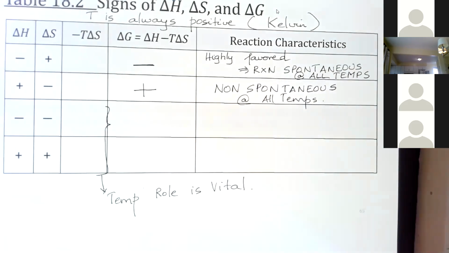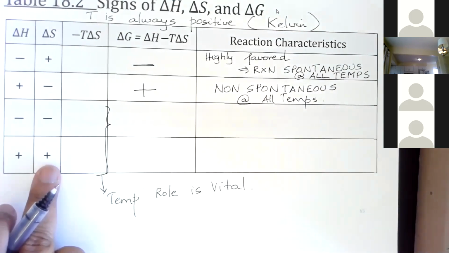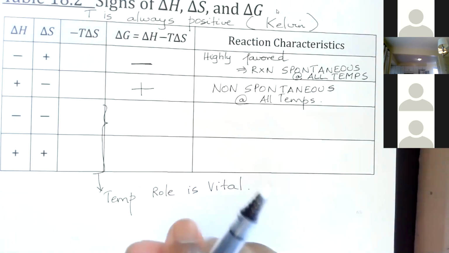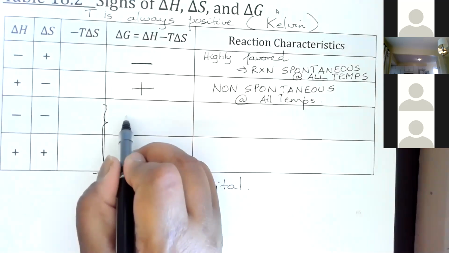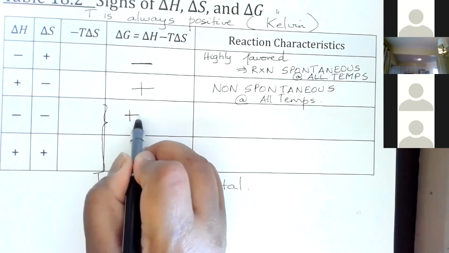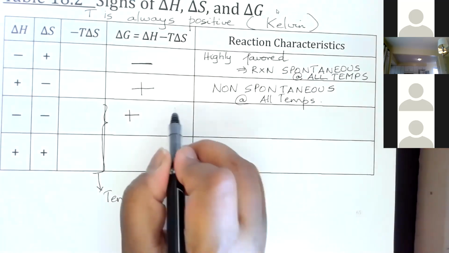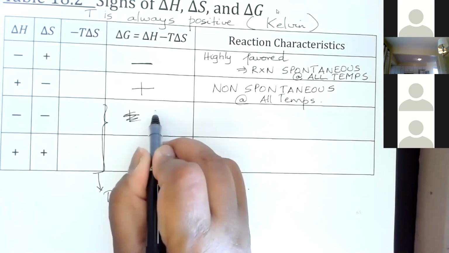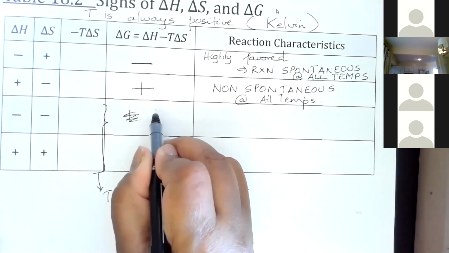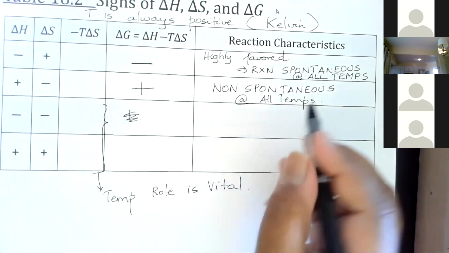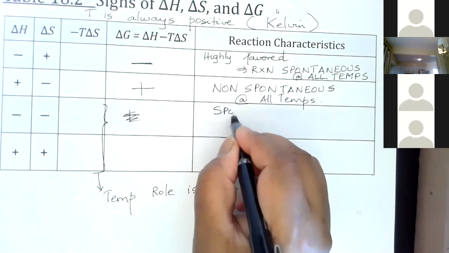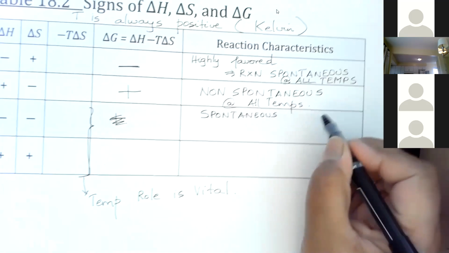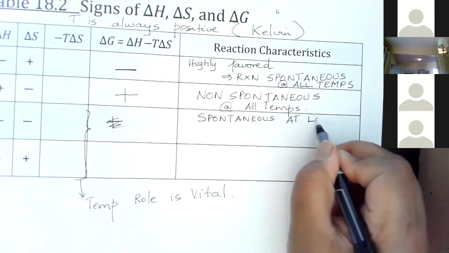Okay. So here, this depends on the magnitude, right? This could be plus or minus. I'm going to write it like this. Spontaneous at low temps.